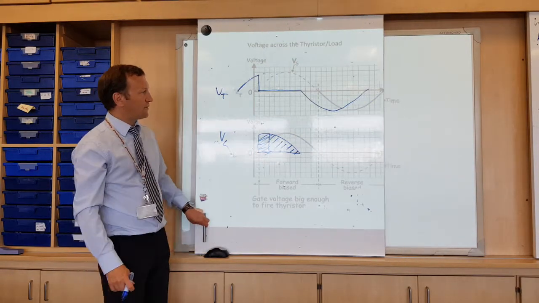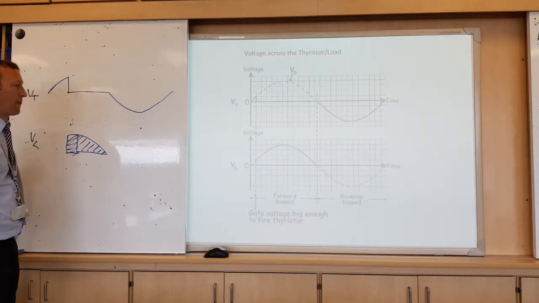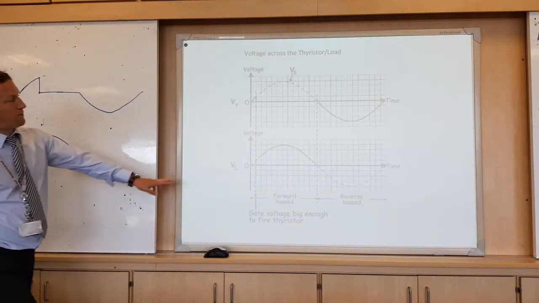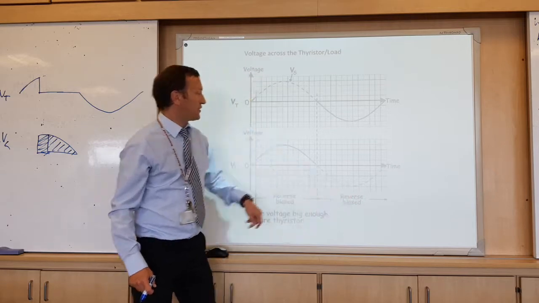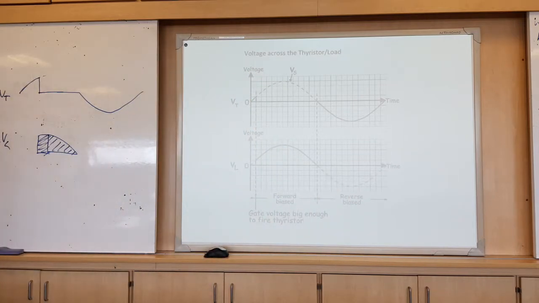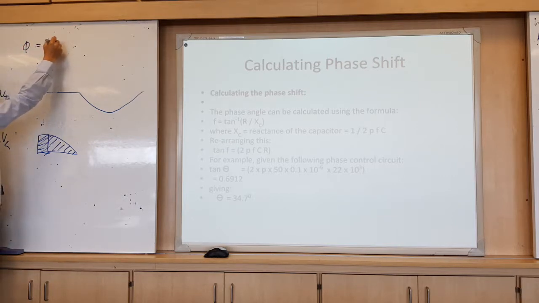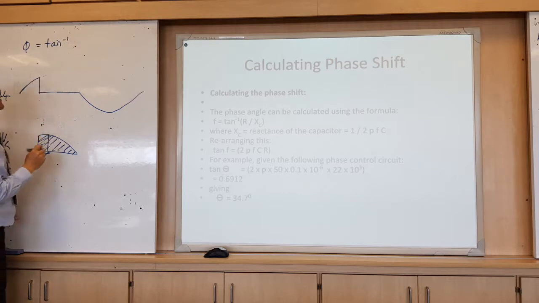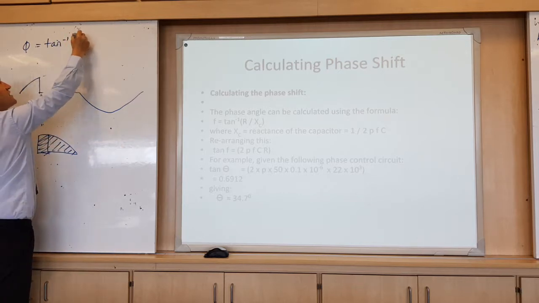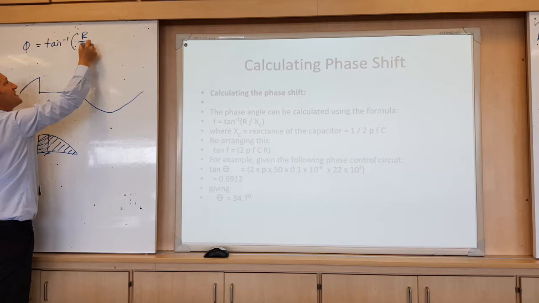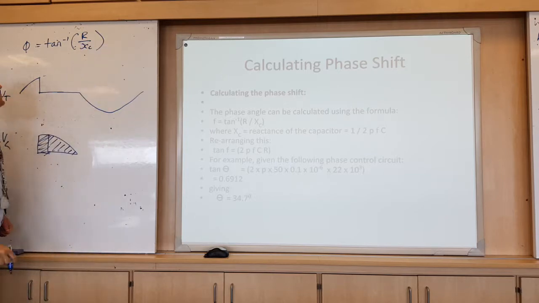So, how do you work out the phase shift? You can see here it's forward bias there, here it's reverse bias. We can work out the phase angle. Usually it's written as inverse tan of R over XC. Make sure your calculator is in degrees.